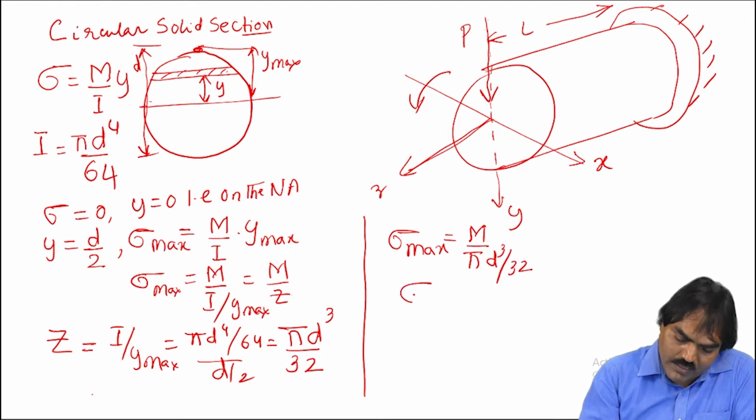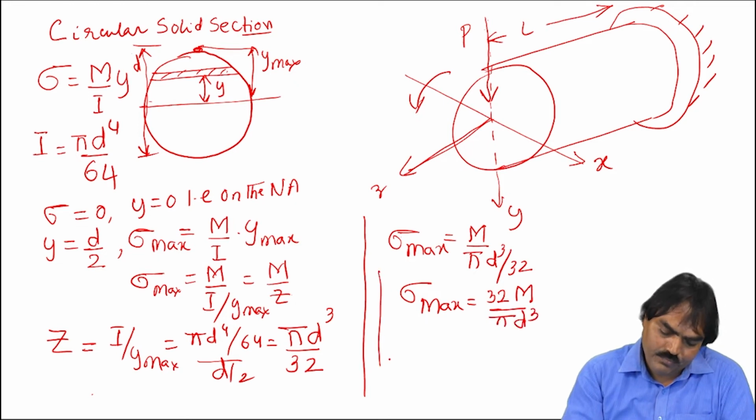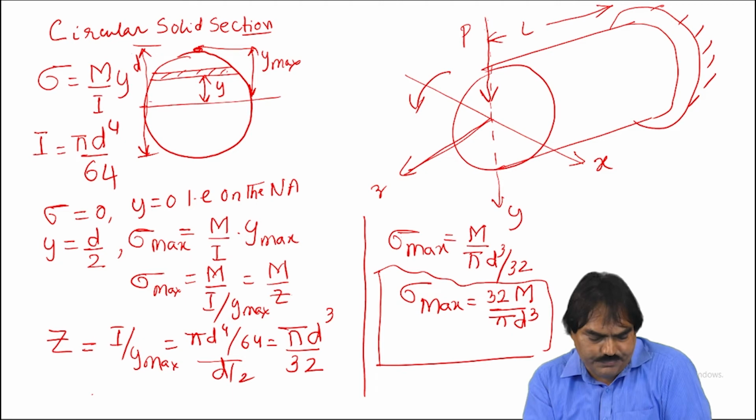Therefore, that implies sigma max is given by 32 M by pi d cube. This is the equation to find the maximum bending stress in a circular section.